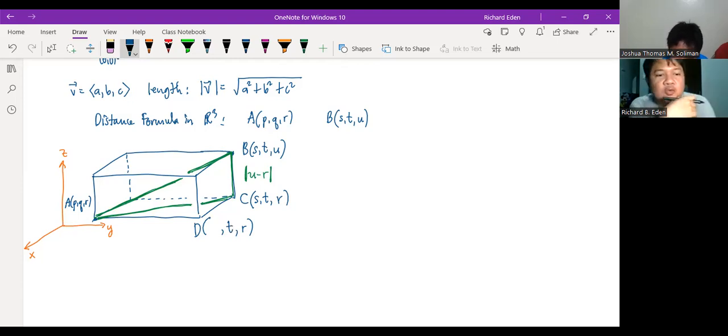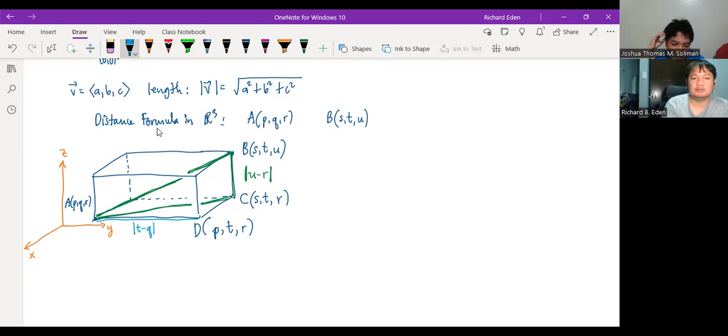But on the other hand, what is the x coordinate of point D? P. All right. And then observe that from A to D, the only thing that changed is the y coordinate. Because that's travel along the y-axis, that length is the absolute value of t minus q.